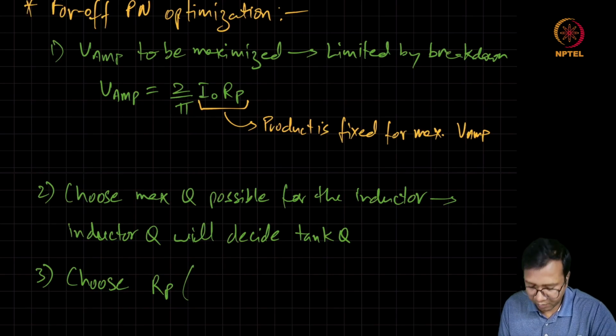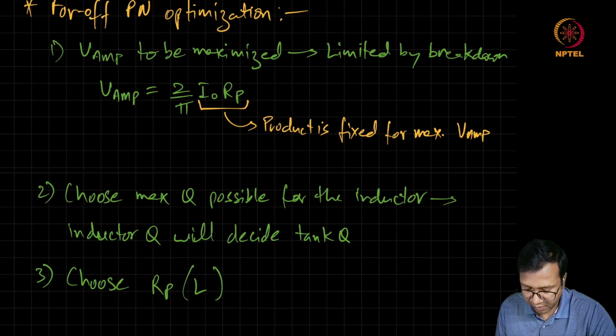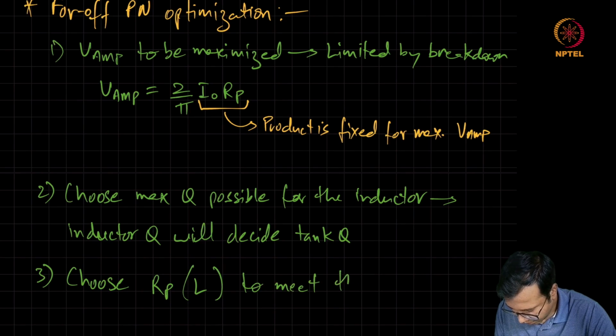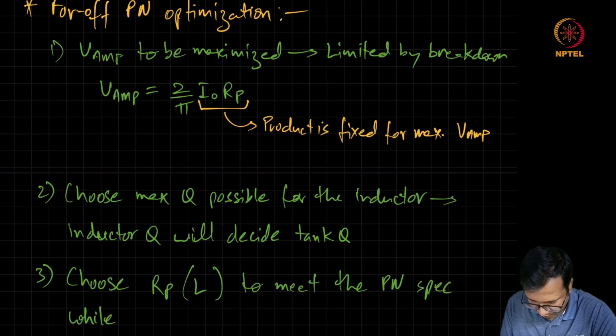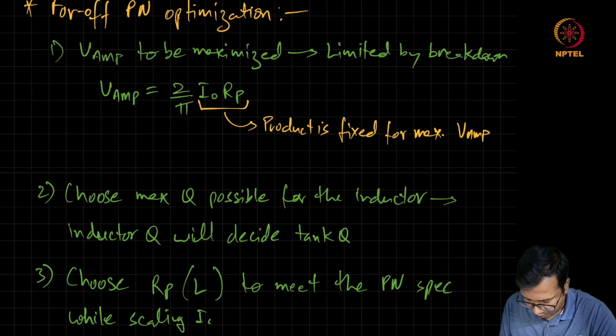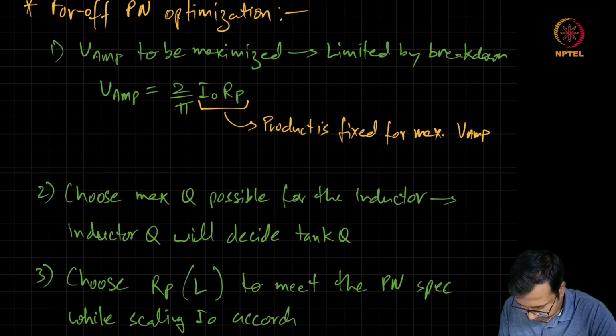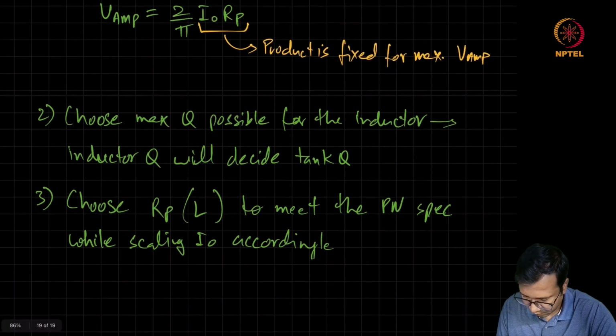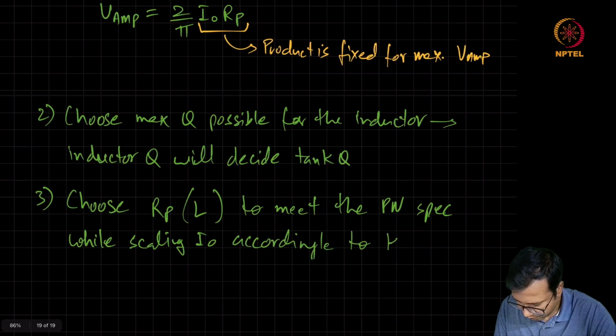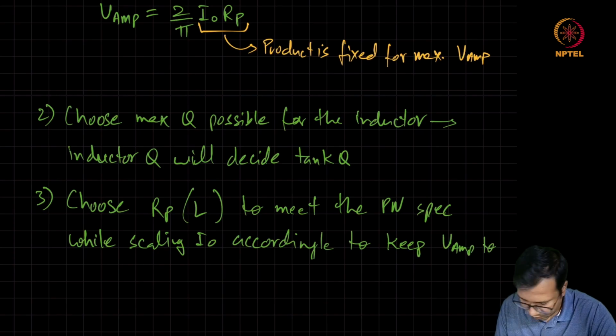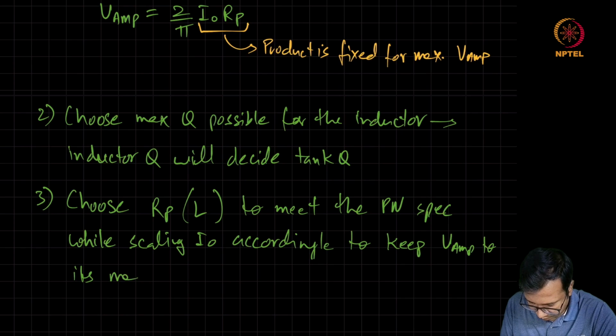Since we have already fixed the Q, effectively we are also going to choose the inductor when we choose the Rp to meet the PN spec, while getting I naught accordingly to keep Vm to its maximum value.